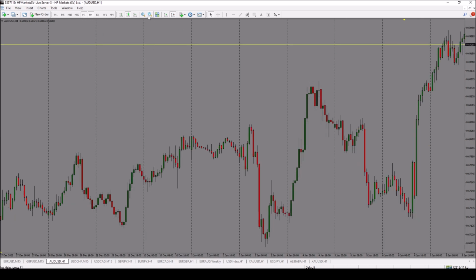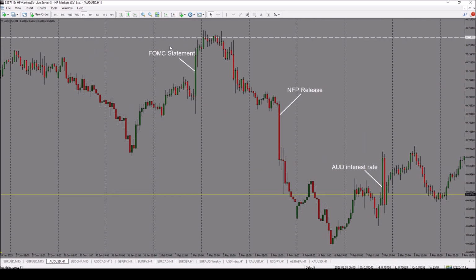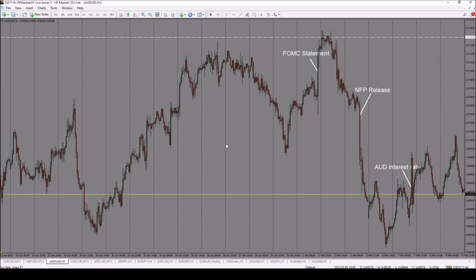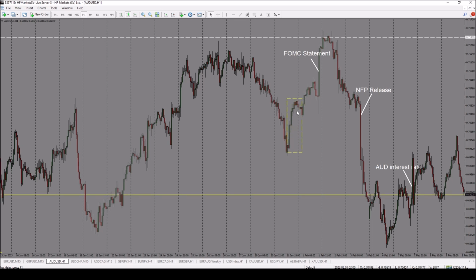Going on the H1 time frame, we were still going up before the FOMC report. So on the H1 time frame, what can we see? We can see that before its release, we had been issued the first impulse to the upside, which was this one, right? Before the news was released as well, we were issued a second impulse, which is this one.